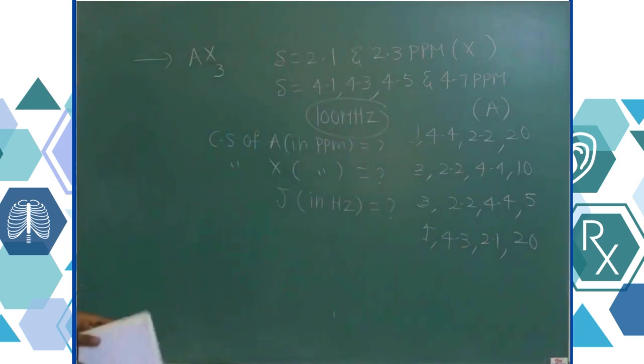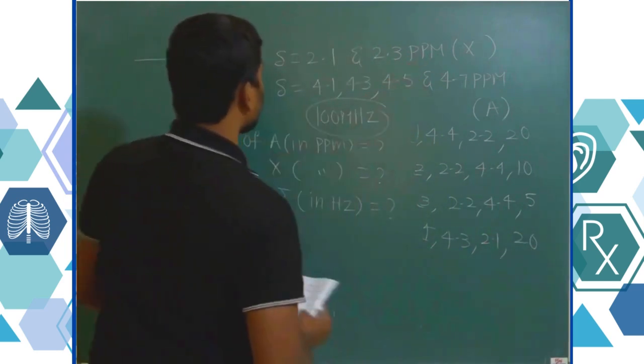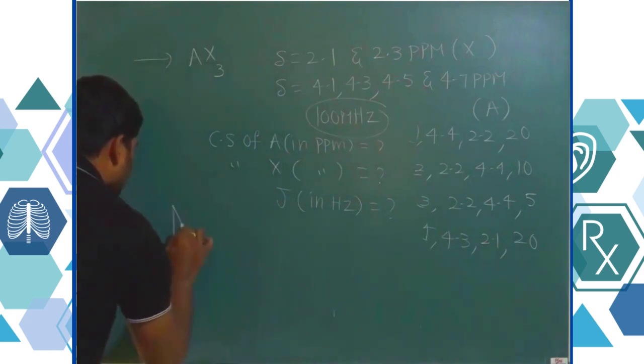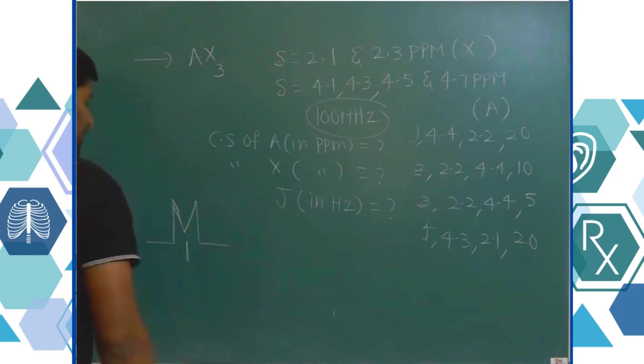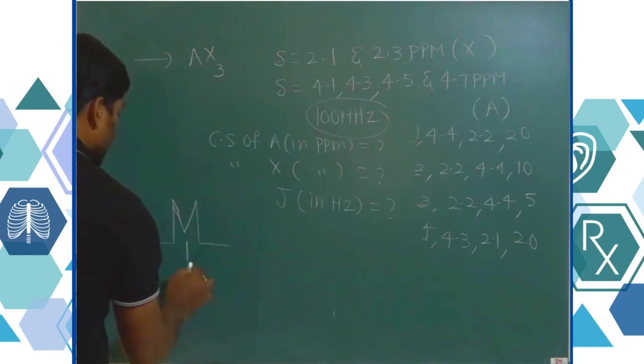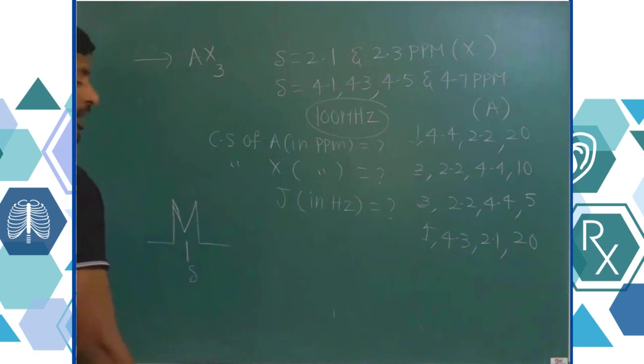For X type of protons we have a doublet. Whenever we have a doublet, we have to take the center as its chemical shift.